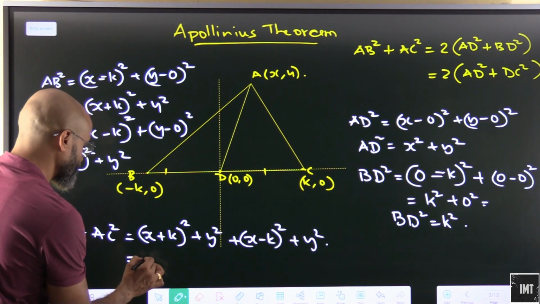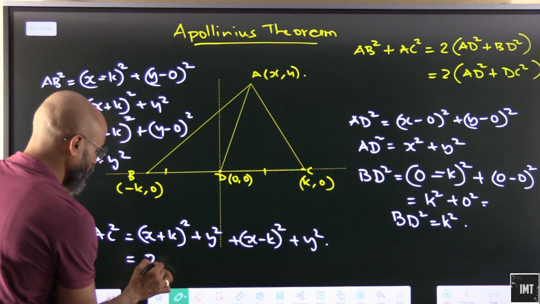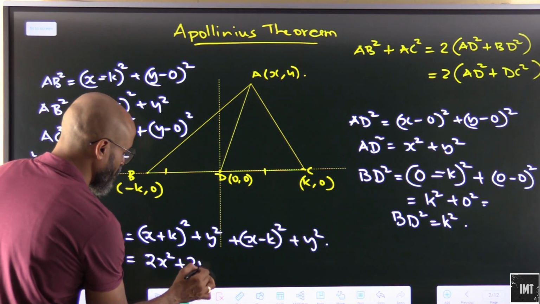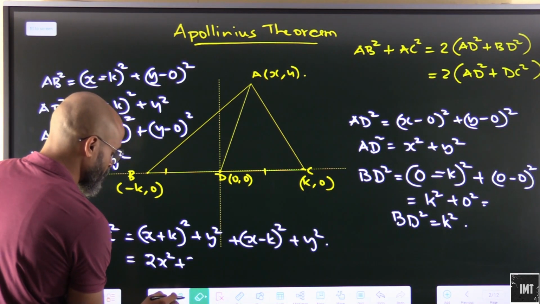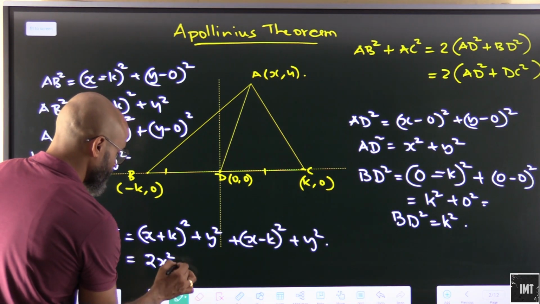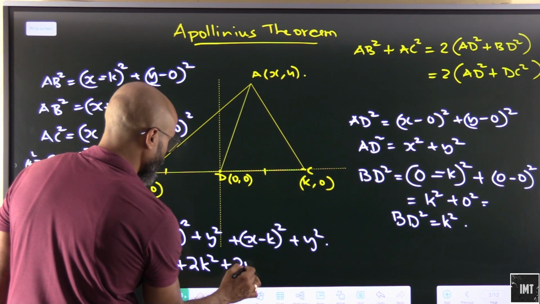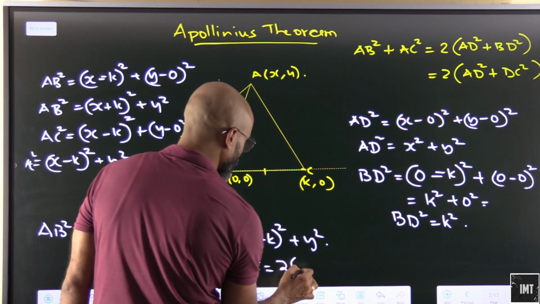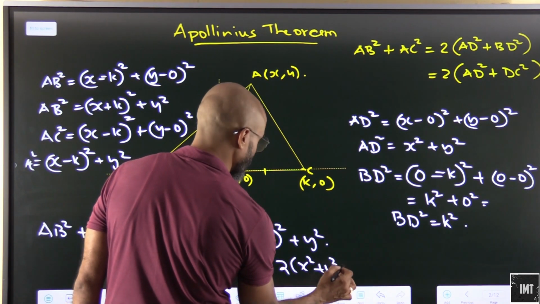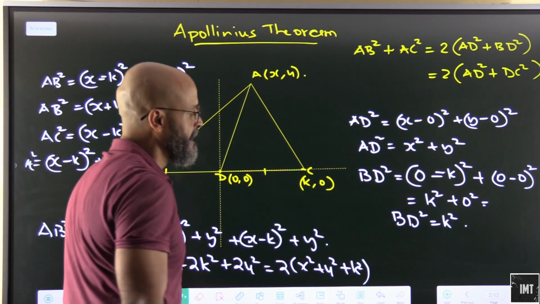What do we get here? This will be 2x square plus 2k square plus 2y square. That is 2 into (x square plus y square plus k square). BD square is k square.